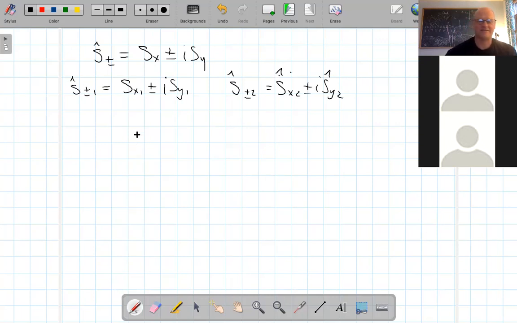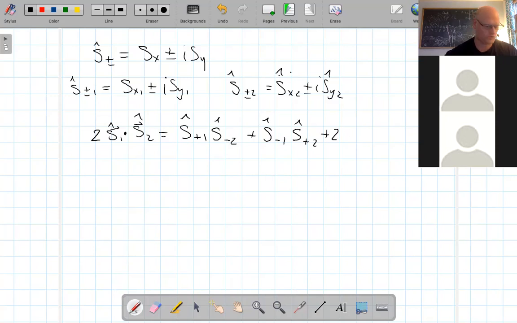Now, having said that, our dot product 2 S1 dotted with S2 vector, we can actually rewrite as S plus 1 times S minus 2 plus S minus 1 S plus 2 plus 2 SZ1 SZ2.